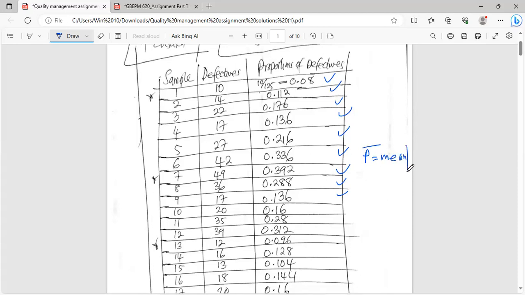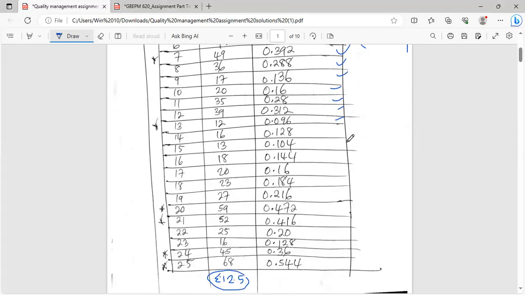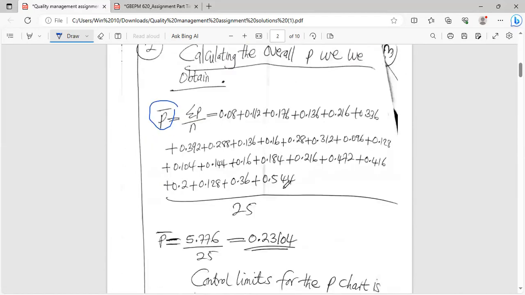We add each of these proportions and divide by the number of samples. So our P bar is 0.23104. This is what is going on here concerning finding the P bar.